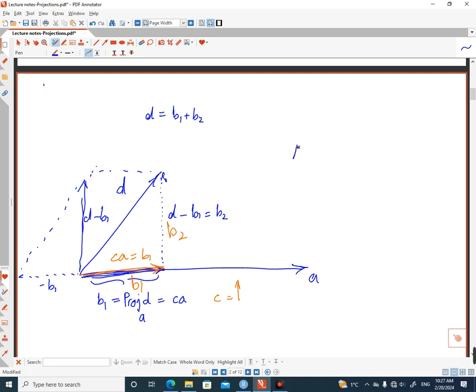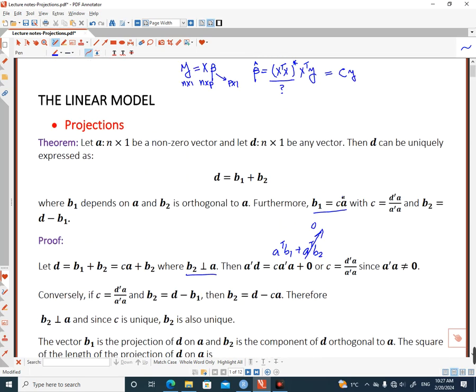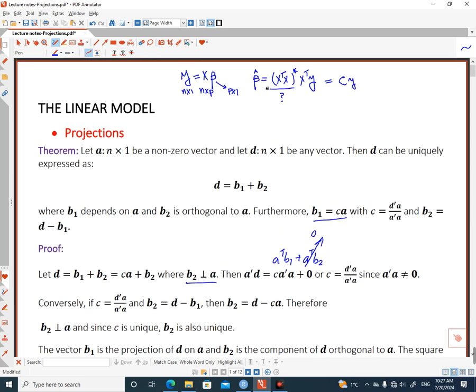Let's say we have a matrix A, and this matrix A is constructed like A1, A2, up to AM or AP, not a problem. Each of them is a vector. So I can conduct a projection on the columns, and because of that projection, we can then find a solution which we initially seek.